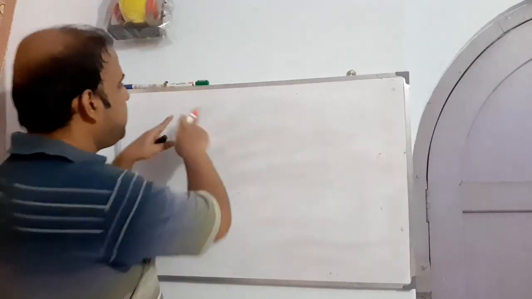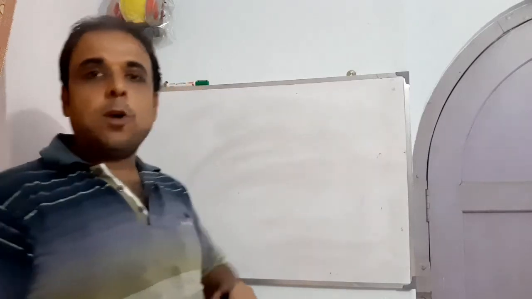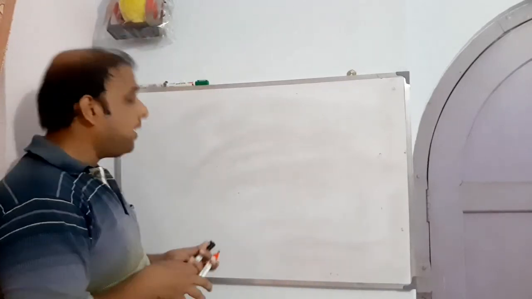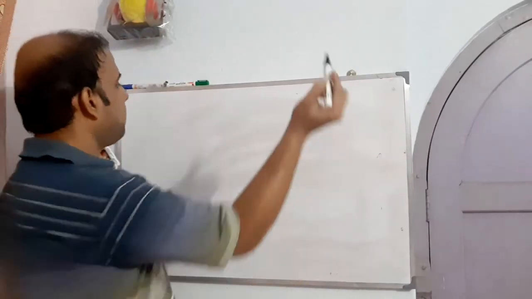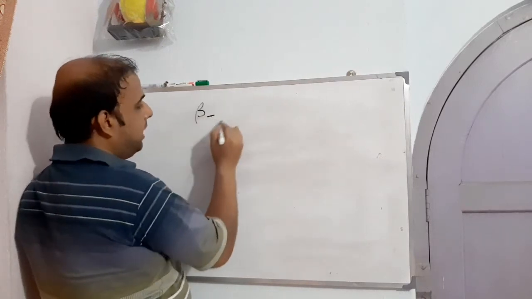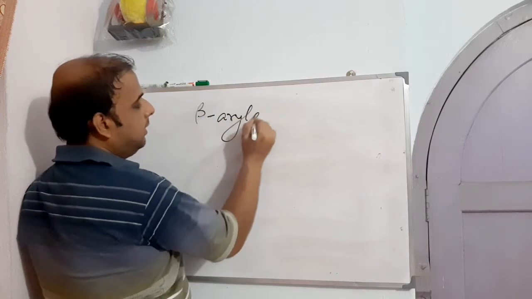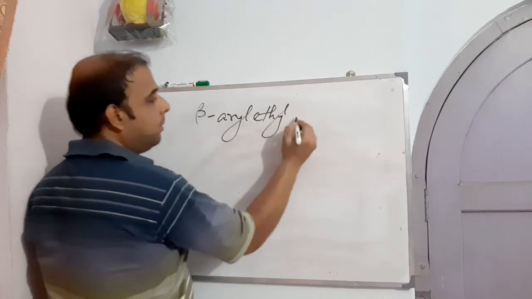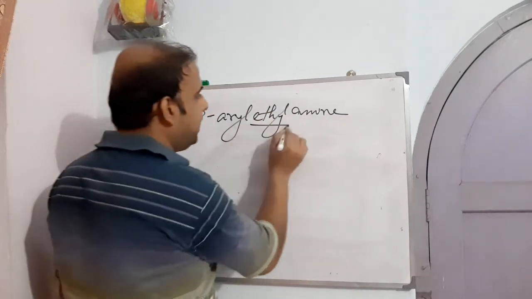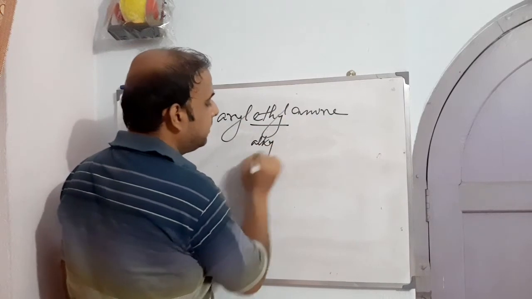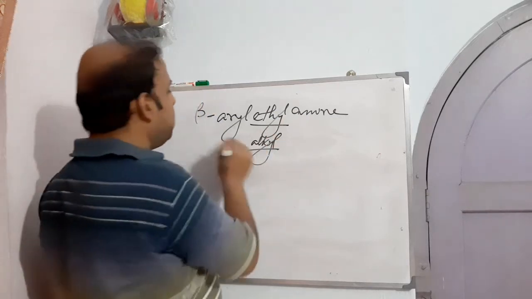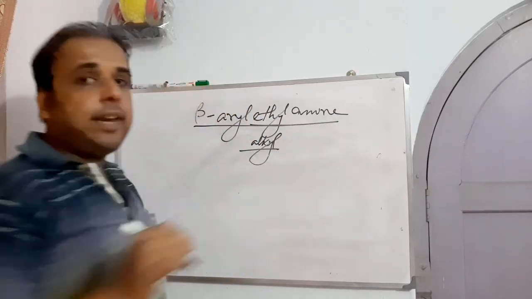The generalized representation of noradrenaline or an adrenergic neurotransmitter is beta aryl ethyl amine. You can also call it beta aryl alkyl amine, but preferentially it is ethyl. So this is the general name for this.